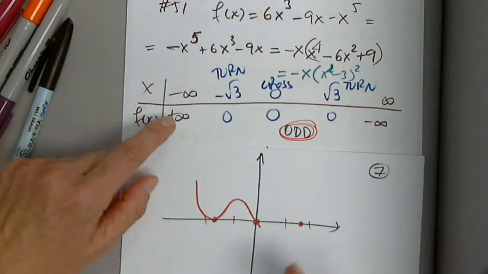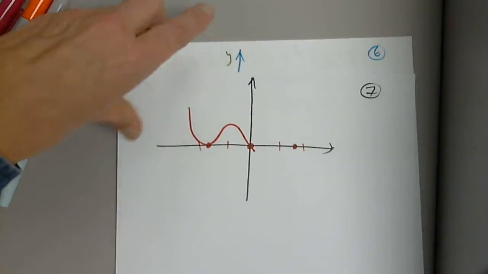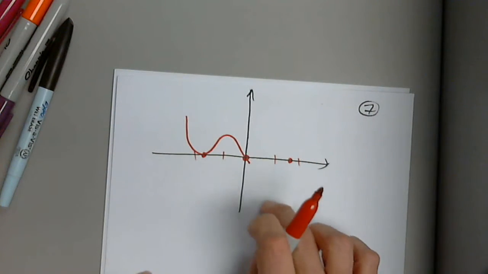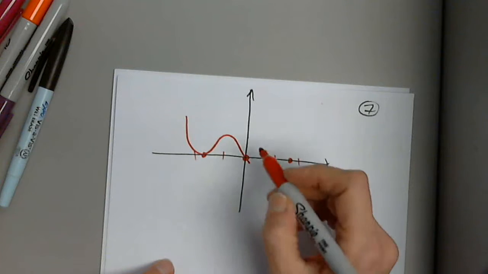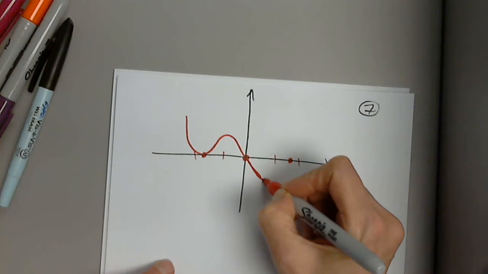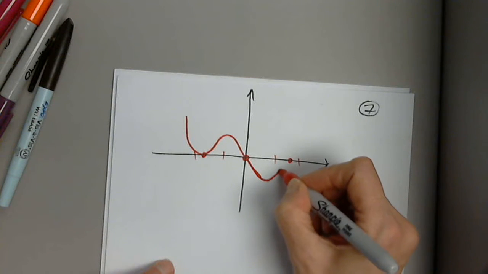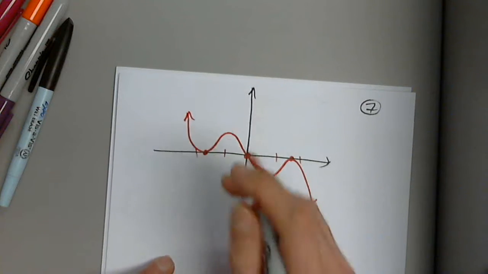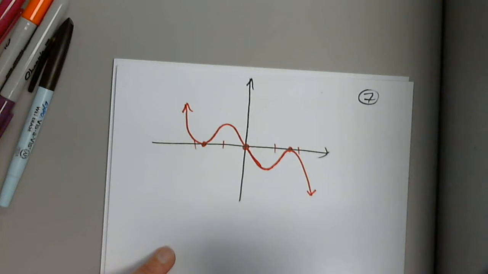From this moment on, I don't care about my nodes. Here's why. Because what I have here, I have to copy here. So it comes to a minimum. It turns and goes to -infinity. I'm just guessing now.